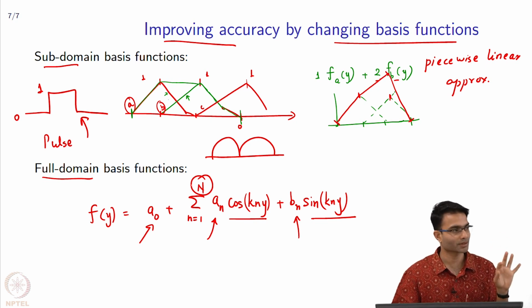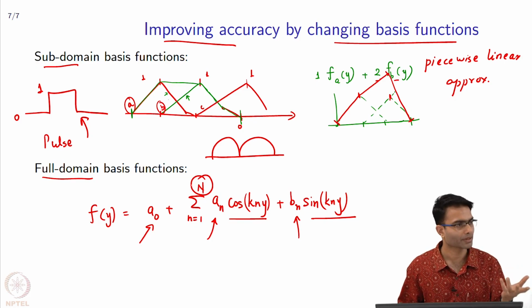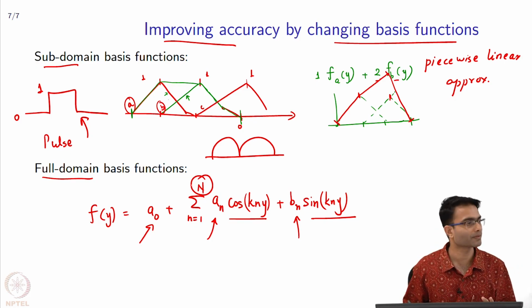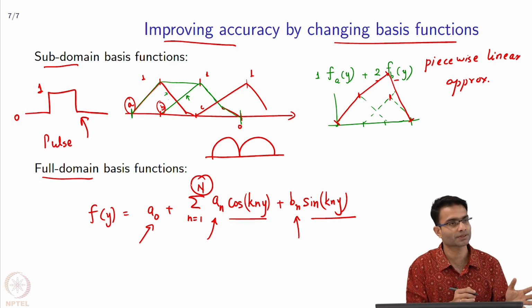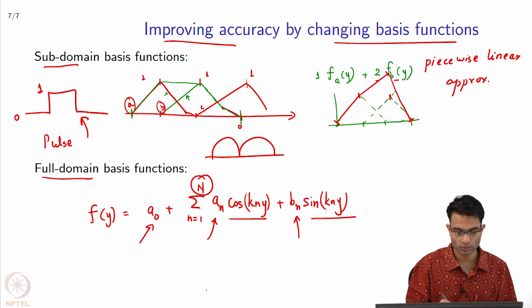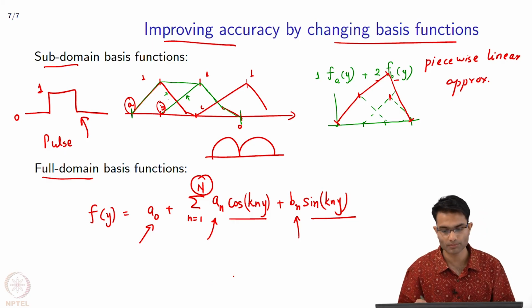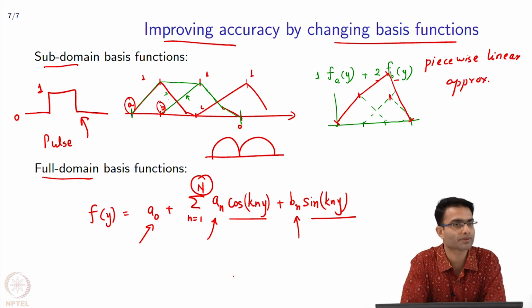You don't care what the function is, just evaluate it. Sine and cos are easy to evaluate. So that's the strategy that we will use. This is also a bit of an art, choosing which basis function depending on the problem at hand. With this, we can bring this particular introduction to integral equations to an end.